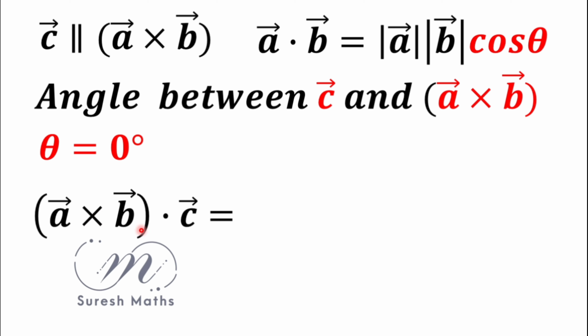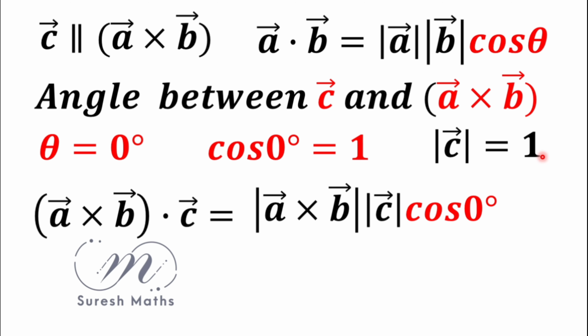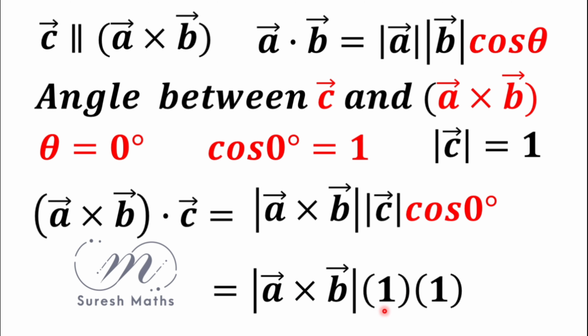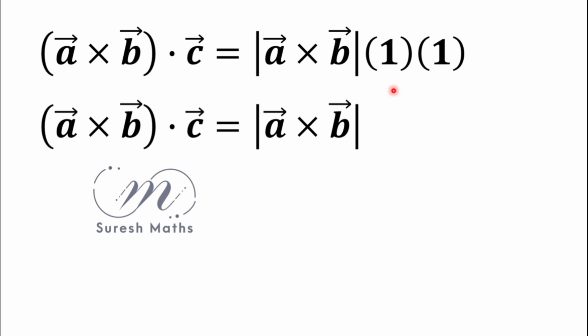Here the first vector is A cross B, the second vector is C, and the angle between them is 0 degrees. So substituting, we get mod A cross B, mod C, cos 0. Cos 0 degrees is 1. Modulus of C vector is equal to 1 because C is a unit vector. So A cross B dot C becomes mod A cross B into 1 into 1. That is, mod A cross B only remains.